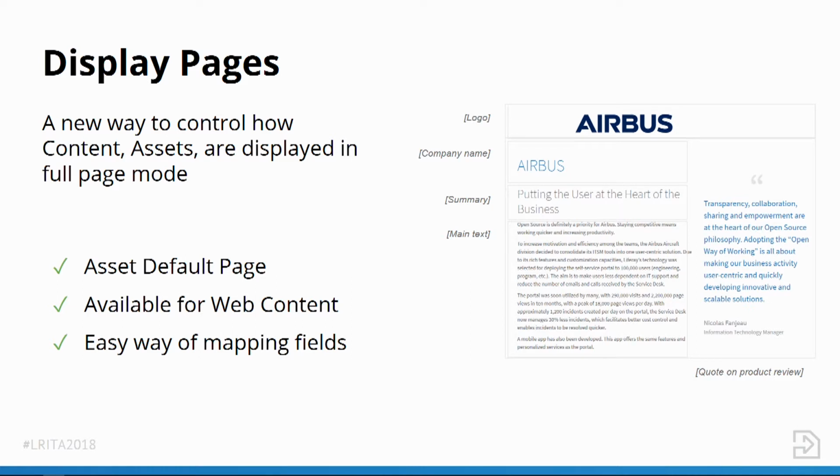Going forward in this concept, we also developed a different way of creating display pages. So what are display pages? The common example is about news. I have an index of news on my website, and then if I click, I go to a detailed view of a specific piece of news, of an article, like this one.